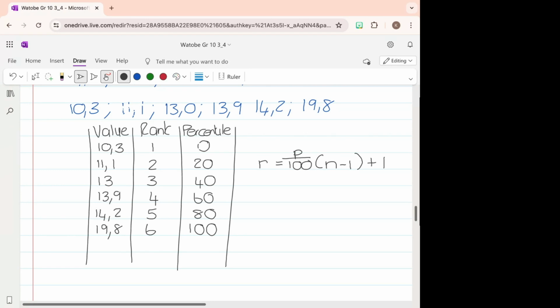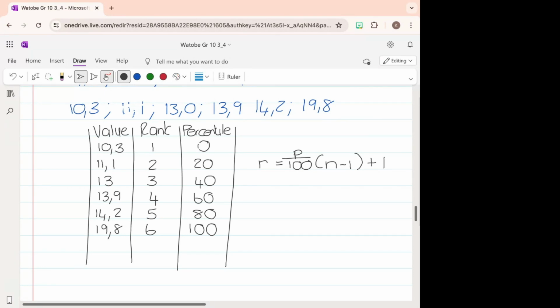I know, Narisha, I know math says, but you get a formula sheet and it'll be on the formula sheet.